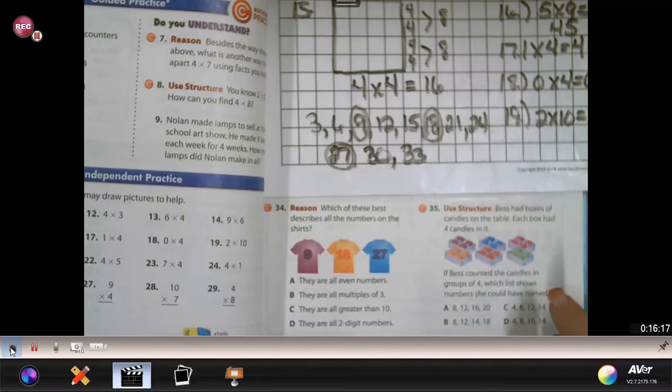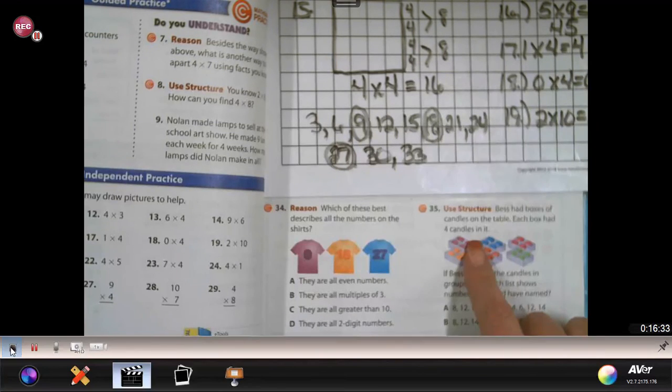So if we were using our multiples here, we could find out how many we would have for 6 groups of 4. Now they're looking for a pattern here. So we know that we can't have 4, 6 because 4 plus 4 is 8. So it has to have an 8 in there. So we can eliminate C. We have 4, 8. 10 is not one of our multiples of 4 because we go 4, 8, 12.